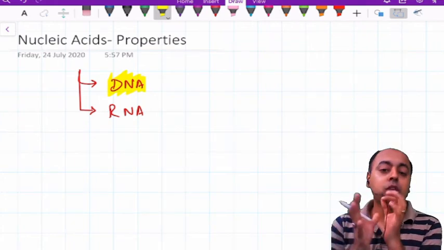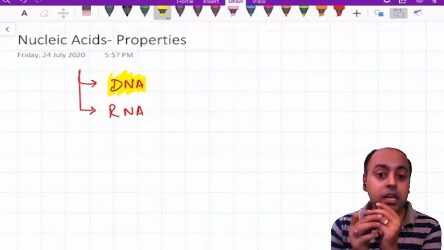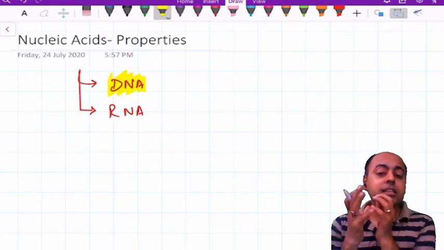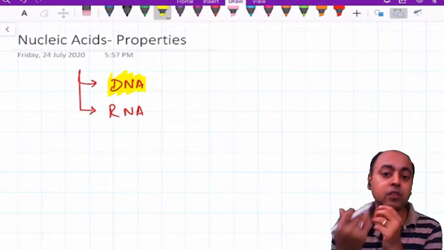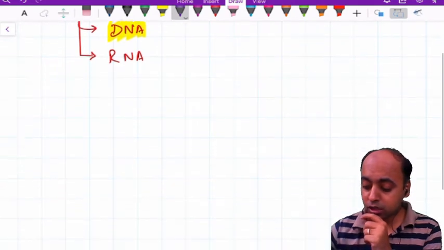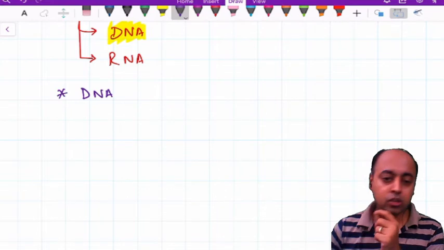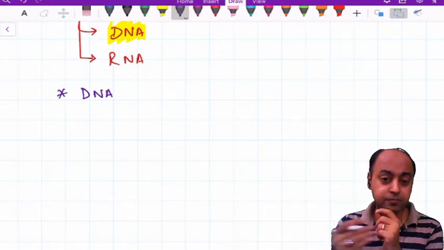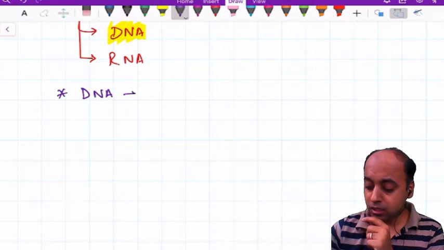When we talk about the eukaryotic cell in humans, and when we talk about the DNA, we find that this DNA is present in different compartments. Based on that, we give the names in which compartment they are present. Talking about the DNA in the eukaryotes, rather in humans, the DNA is found in the nucleus.